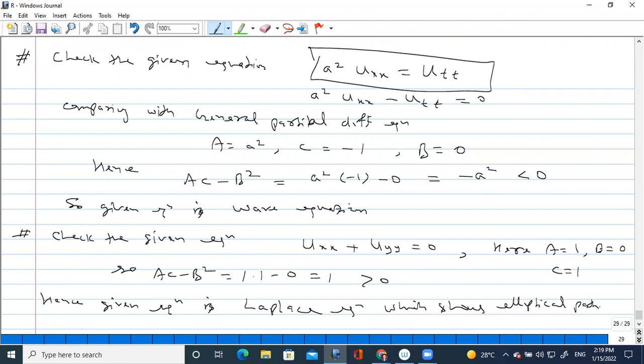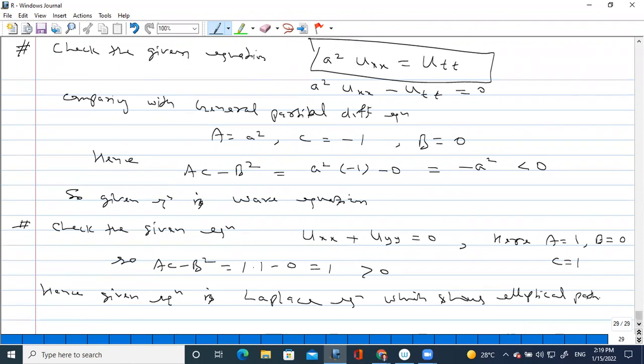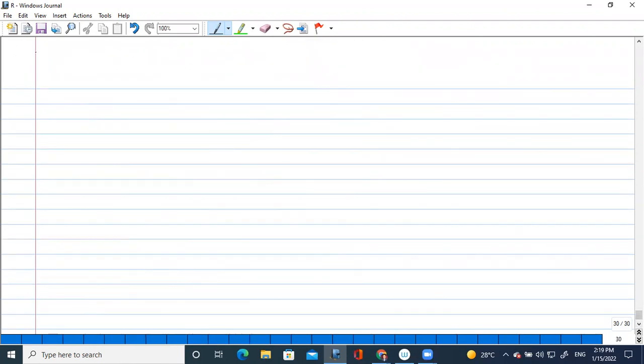Okay, so today we will start the heat equation.